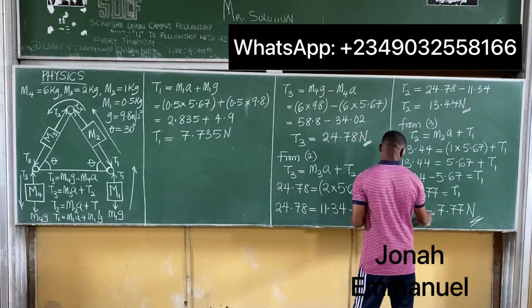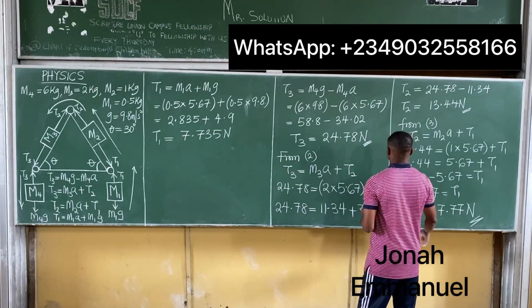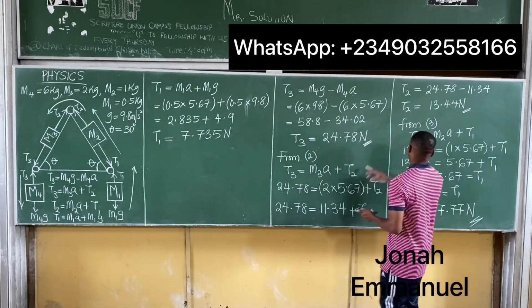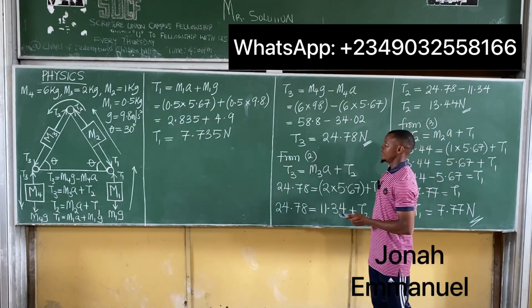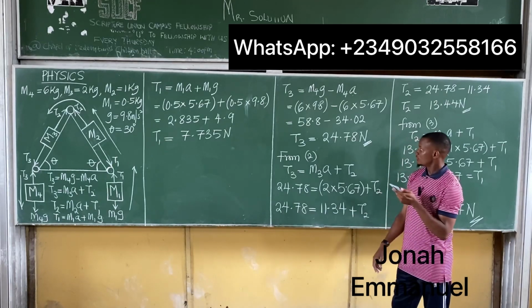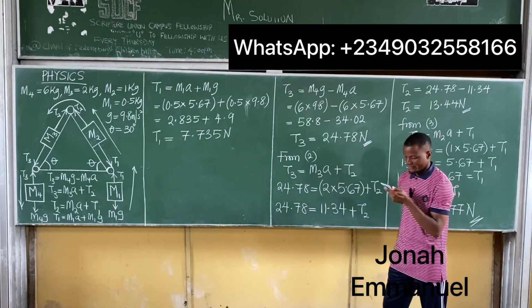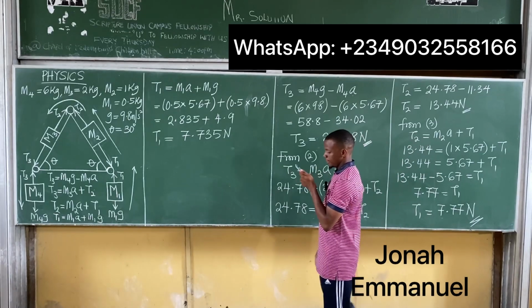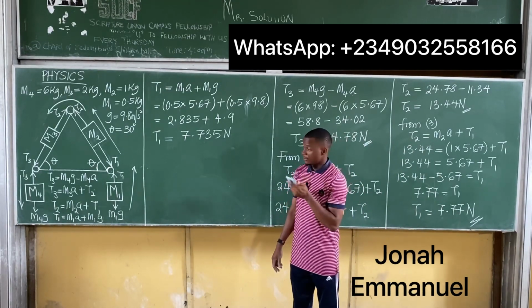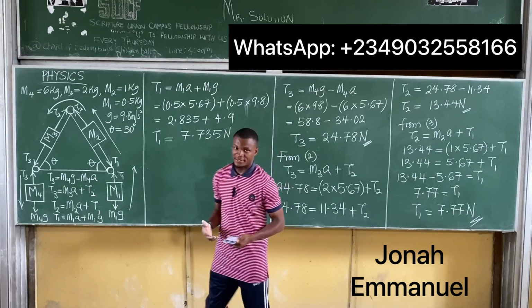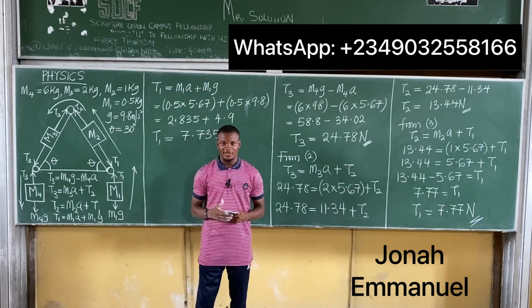So T1 is 7.77. T2 is 13.44 and T3 is 24.78. That's the value of T3. All right. I think that's it. That's all. So this is how you solve this particular question.